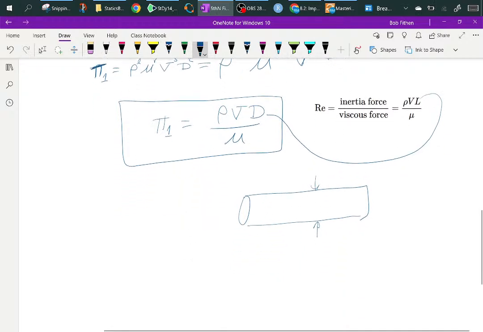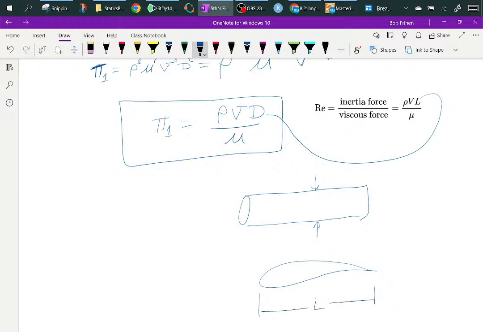For an airplane, you're going to have a Reynolds number there too. This L is a length, a characteristic length is what they call it. Characteristic means if you change it in a particular way, it's going to have an effect on this. And so what they did for aerodynamics is they use the chord length.